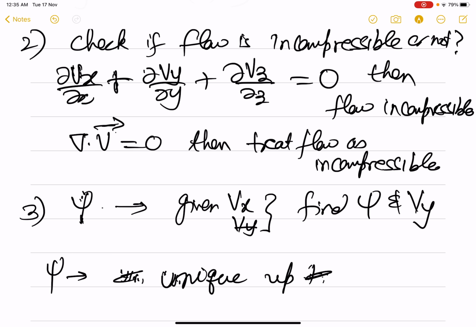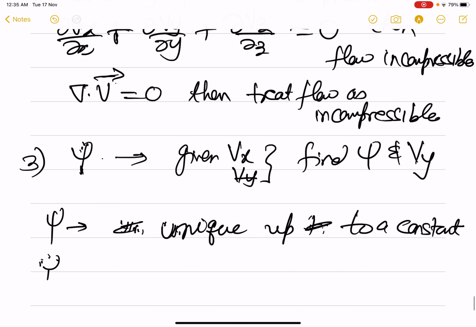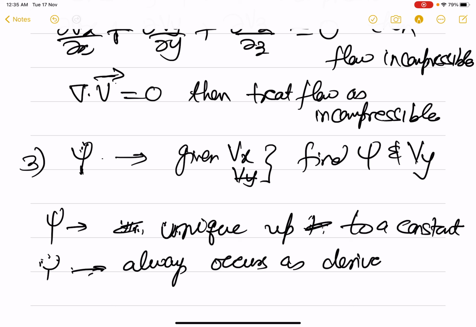The stream function always occurs as a derivative. We have defined the velocity components as derivatives of the stream function. So stream function will always occur as a derivative, so you can only find it up to a particular constant.